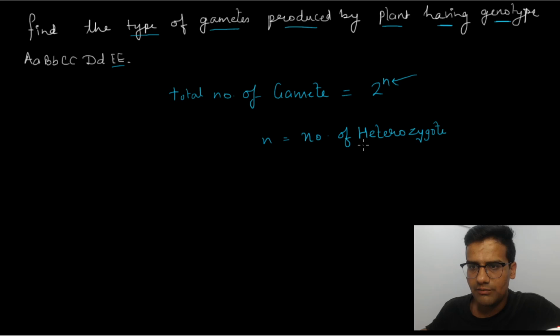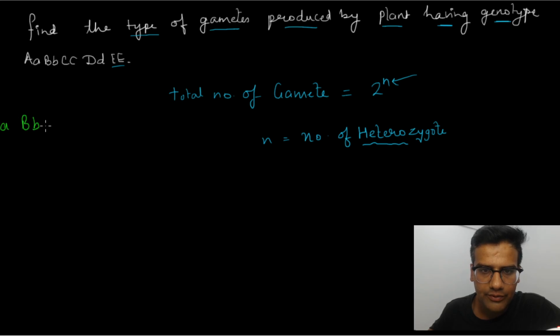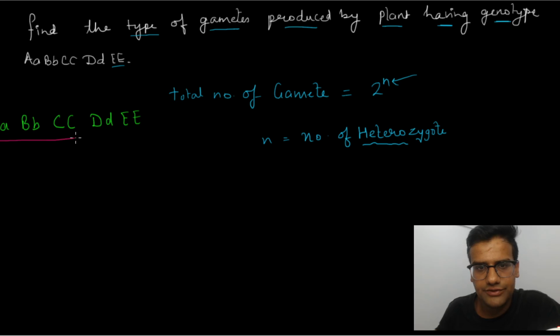If we look at this particular genotype, capital A small a, capital B small b, capital C, capital D small d, capital E, we need to notice which genes are present in the heterozygous form.